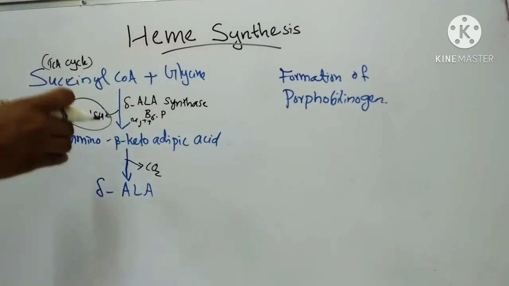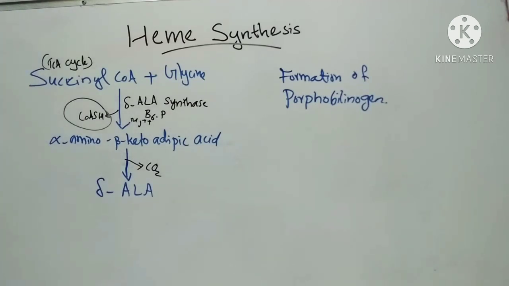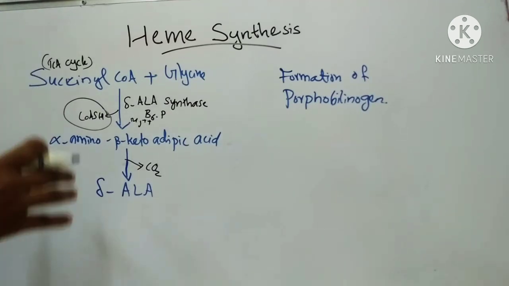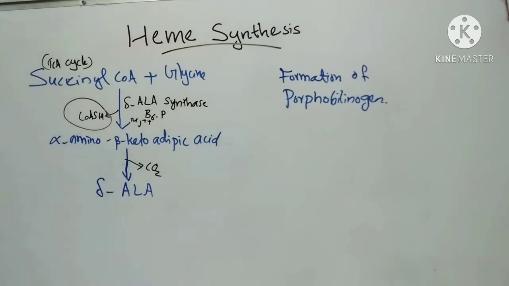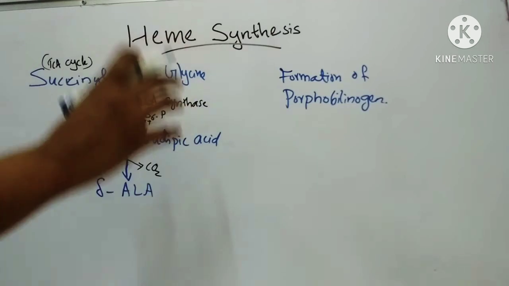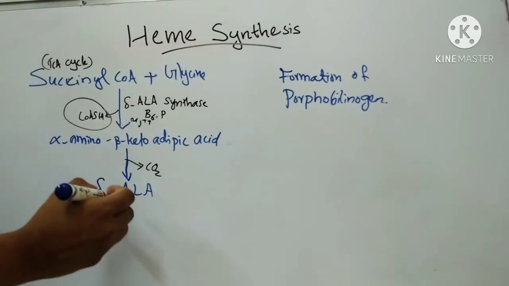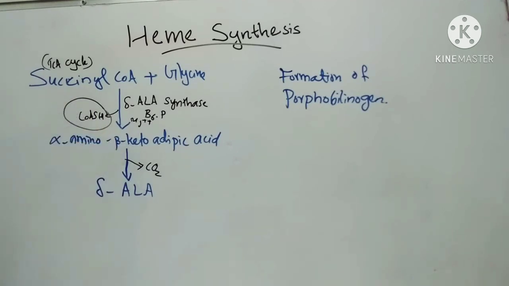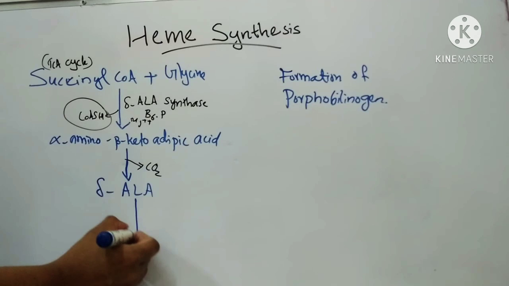Then 2 molecules of delta amino levulinic acid condense further to form a molecule of porphobilinogen.